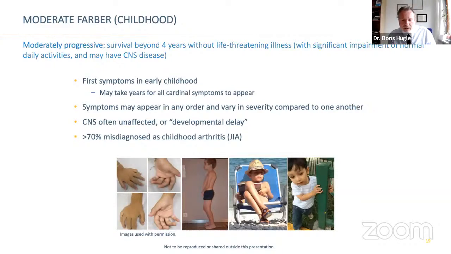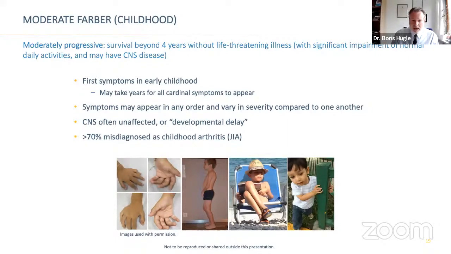This is the patients that you will most probably see. The moderate phenotype means that patients come within the first couple of years, they develop nodules and increasing joint symptoms, but the illness is not life-threatening.